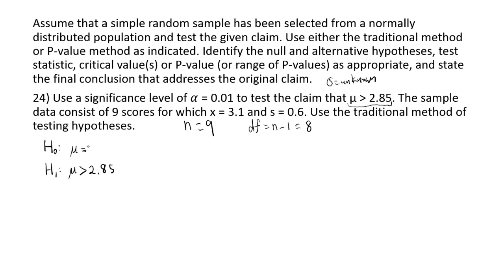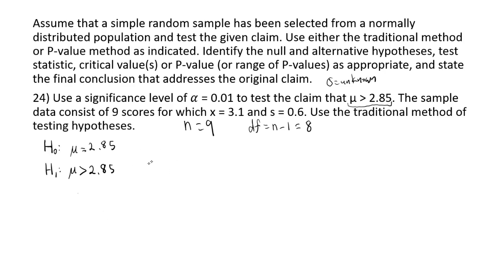So we put mu equals 2.85. Just remember, anytime you have an equal sign, that's the null hypothesis. Anytime you have strictly greater or strictly less than or not equal, if you have one of those three things, then that's the alternative hypothesis. Okay, that's the first step.